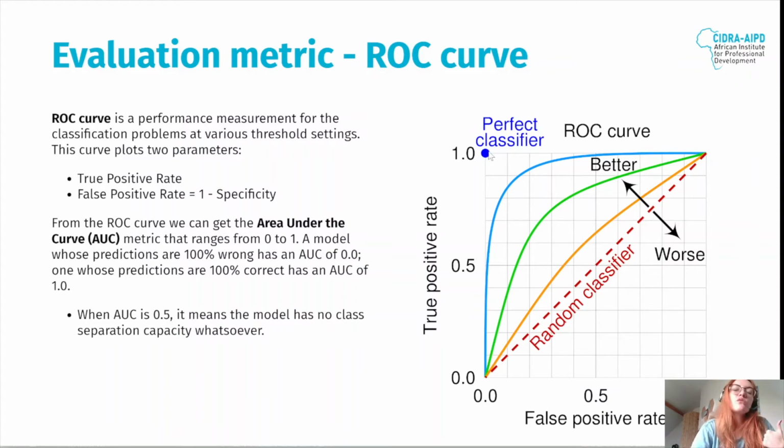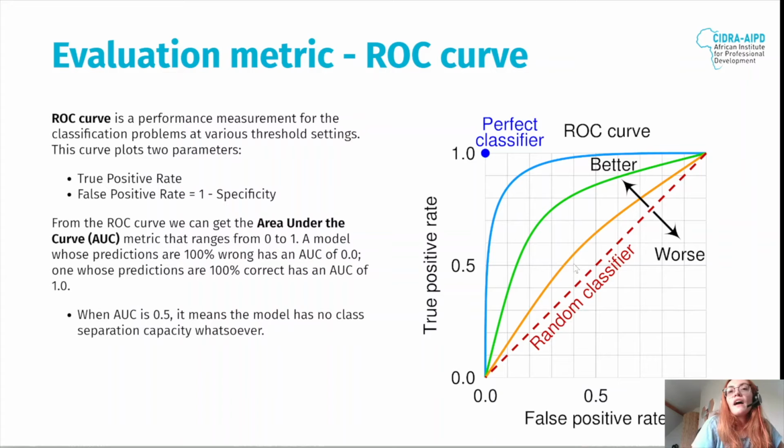Your true positive rate is 1, your false positive rate here also follows the X and Y there. And the area here is going to be 1, so that means that your predictions were 100% right. But if the area under the curve is 0, your model was 100% wrong.